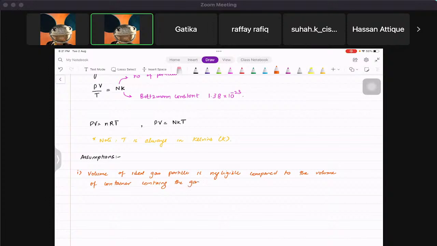So it means that the volume of the particle should be very, very small compared to the container, right?